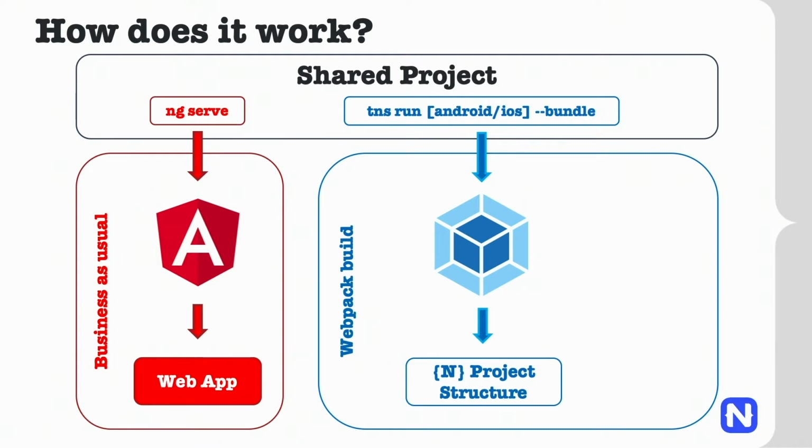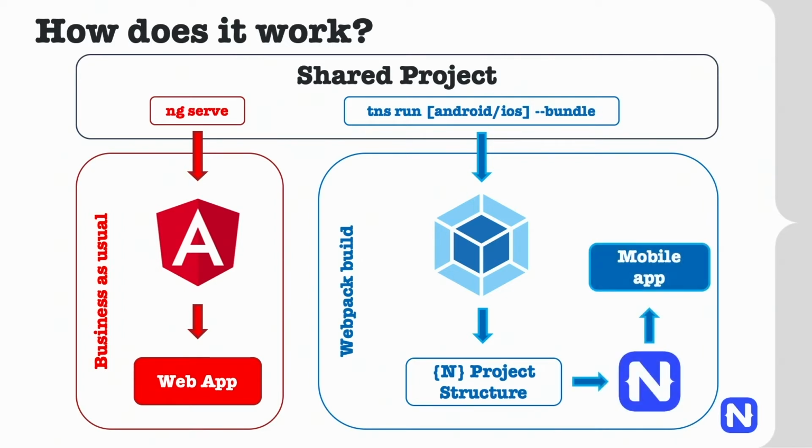Then it also takes the shared files, and as a result, in a virtual file system, you recreate a NativeScript project, as if the web one wasn't there. And then as a second step, it passes it into the NativeScript CLI, the regular build, and then builds the project for you. But basically, the whole idea is you just run tns run, either Android or iOS with --bundle, and the code sharing project turns into either an Android or iOS application.